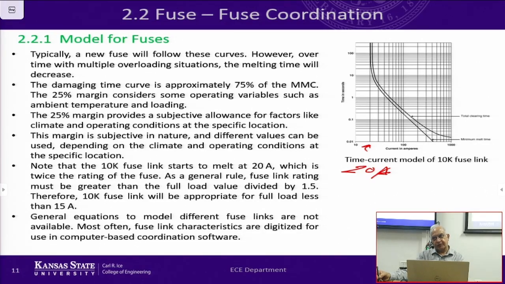If the full load is 15 amps, it's not a problem, because you have a 5 amp margin. The factor of 1.5 is to ensure that you still have enough margin. That's how, based on the load current, we select the fuse.